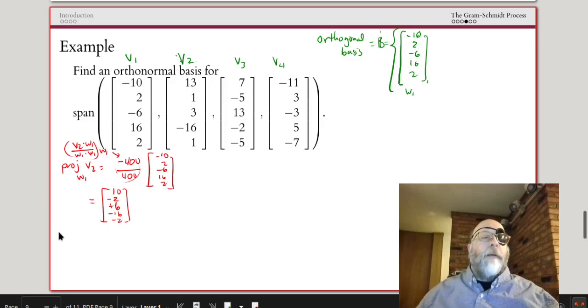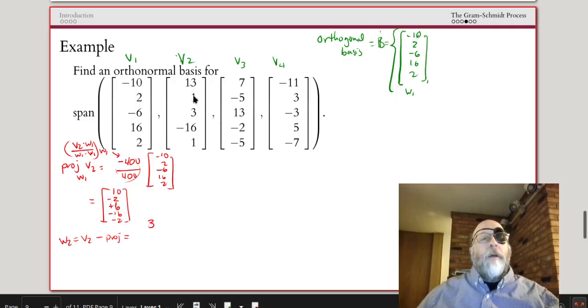All right. But this isn't W2. W2 is V2 minus the projection. So that's going to be 13 minus 10 is 3. 1 minus negative 2 is also 3. 3 minus 6 is negative 3. Negative 16 minus negative 16 is 0.